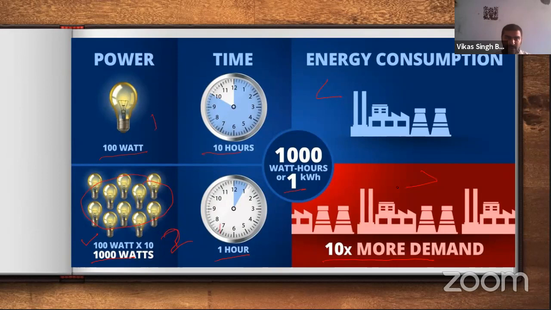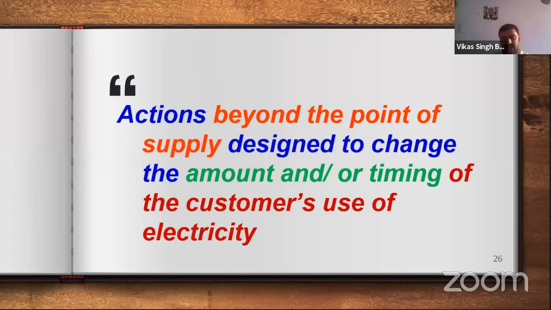If we are able to distribute this demand over 10 hours, then the demand will be less, and the generating cost or the extra generator installation cost will not be required. So this will help in saving cost for utility companies. This will be done with the help of customers.